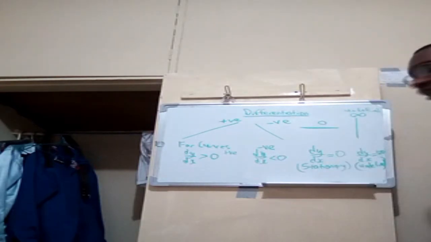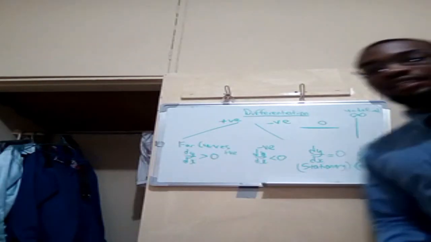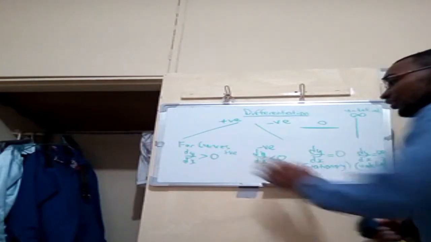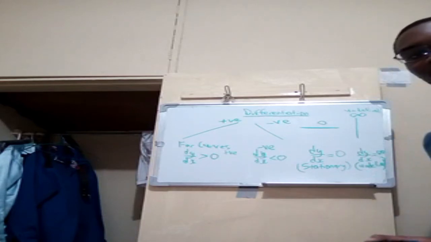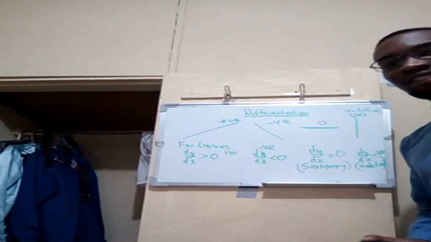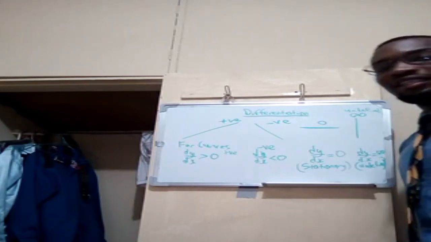So whenever you find that dy by dx is greater than 0, we say it has a positive gradient. Whenever dy by dx is less than 0, the gradient is negative. Whenever dy by dx is equal to 0, it is stationary. Whenever dy by dx equals infinity, it is undefined.